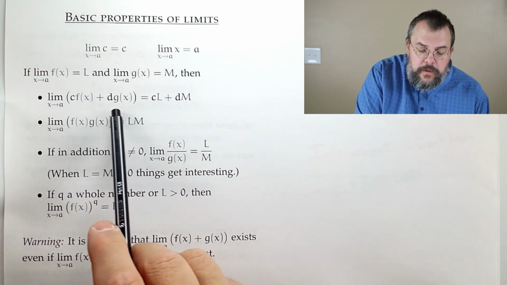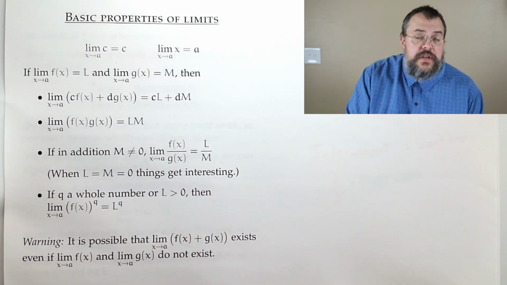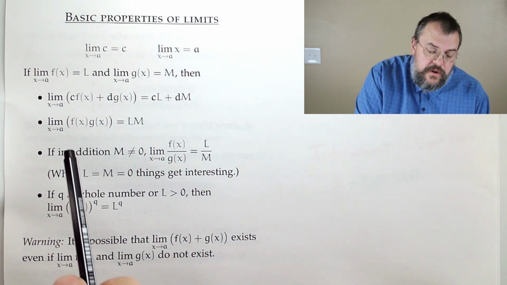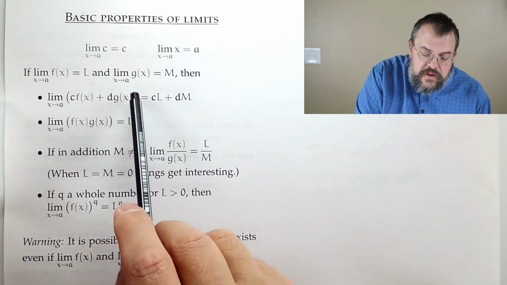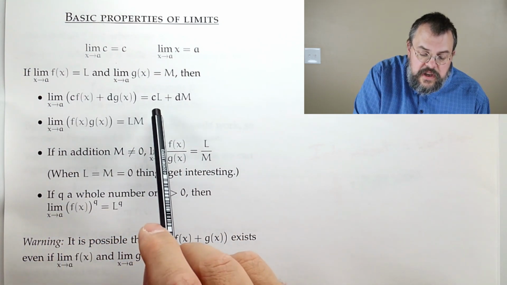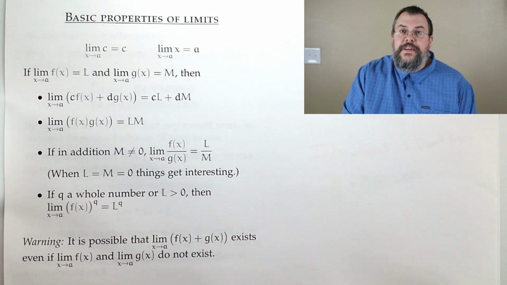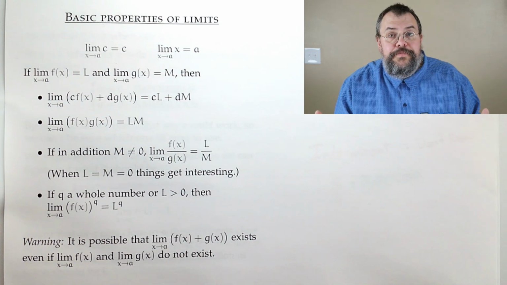So this is a constant c times f of x plus a constant d times g of x. And so what's happening? Well, this is getting close to L. This is getting close to M. So the whole expression is getting close to c times L plus d times M. That seems very reasonable because, well, it's true.